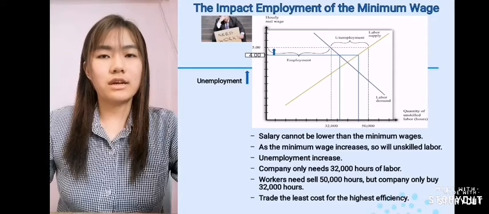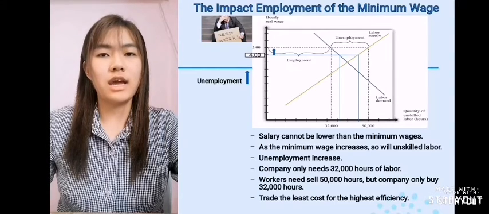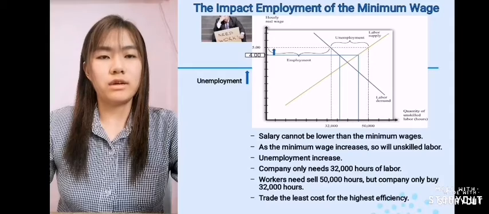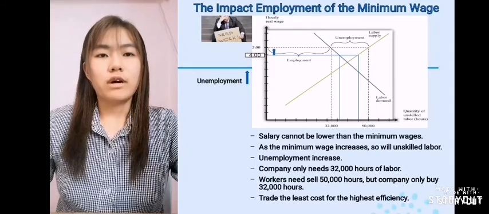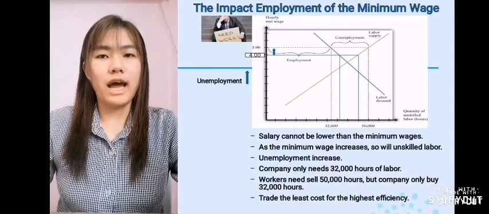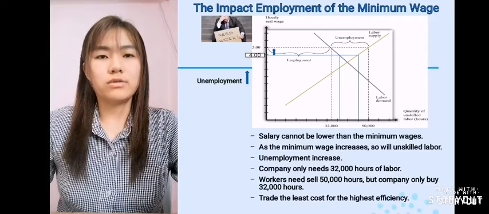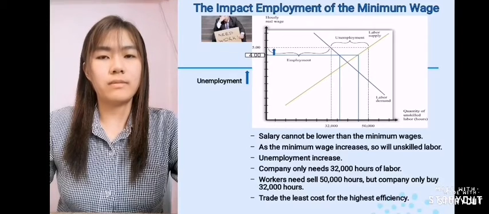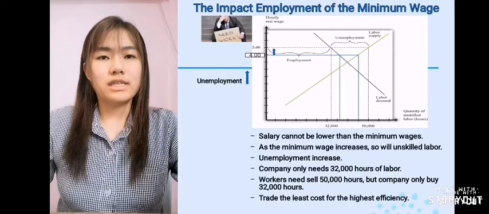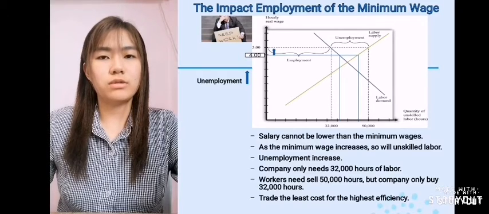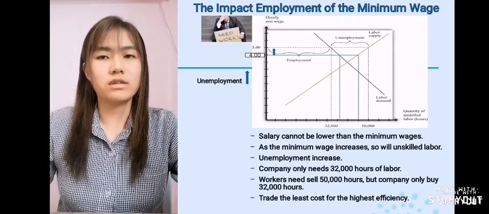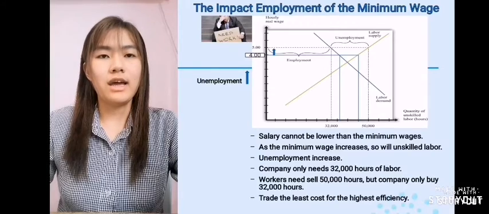This shows that the government's implementation of the minimum wage has a great impact on the market. It will change how companies hire workers. The company only needs 32,000 hours of labor, so the labor market is not balanced. We see that workers want to sell 45,000 hours of labor to the market at the set minimum wage.